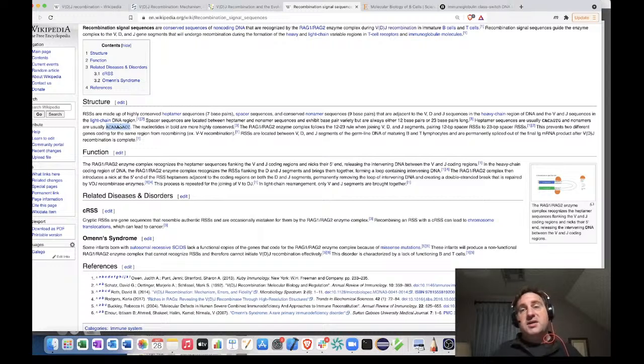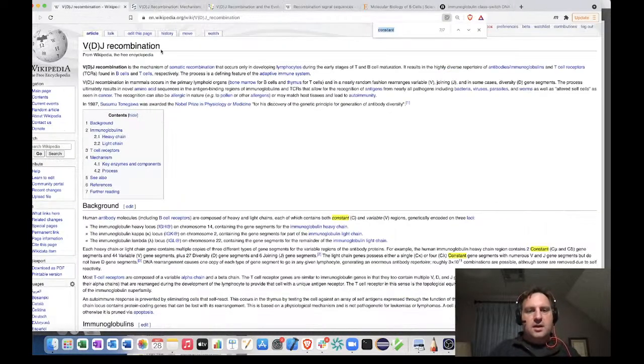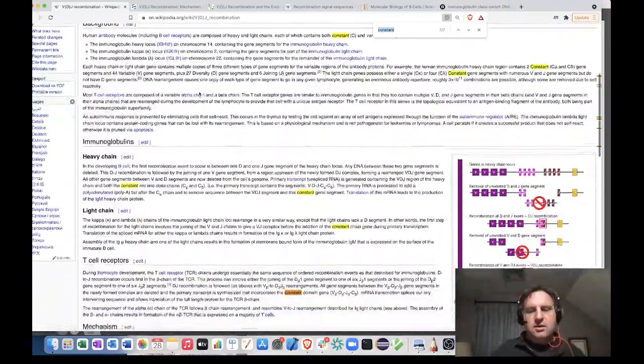In fact, additionally, there's also some evidence that there's additional modifications that can be made as well. But on the whole, it works by basically pulling two pieces of DNA together and then lopping off the intervening DNA.